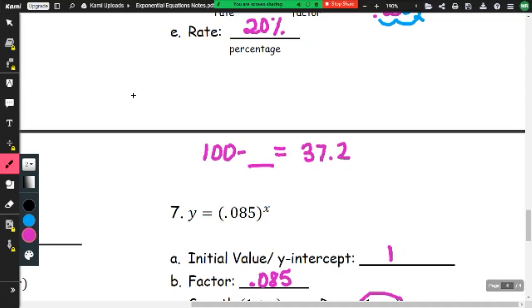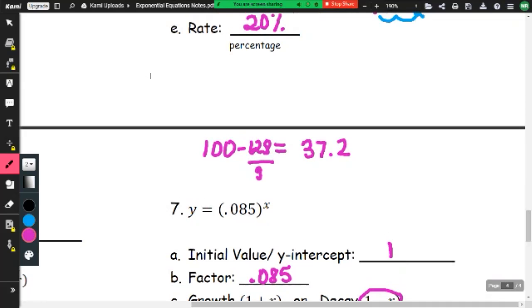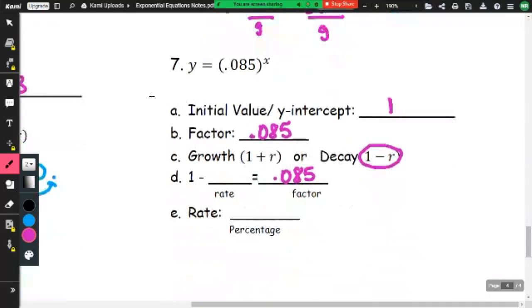And what is that? 62.8. 62.8 is the actual grade, even though I had to take 37.2 points away. Or wrong way. I had to take 62.8 points away to get to the grade of 37. But anyway, same thing here.